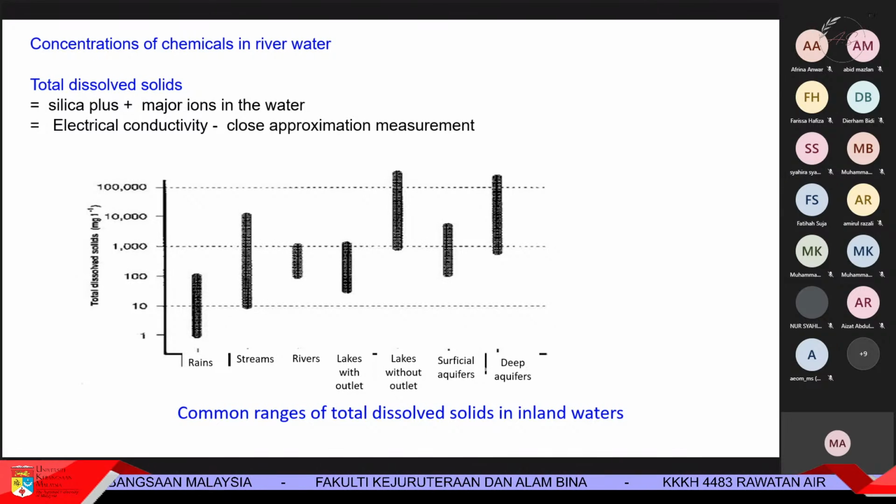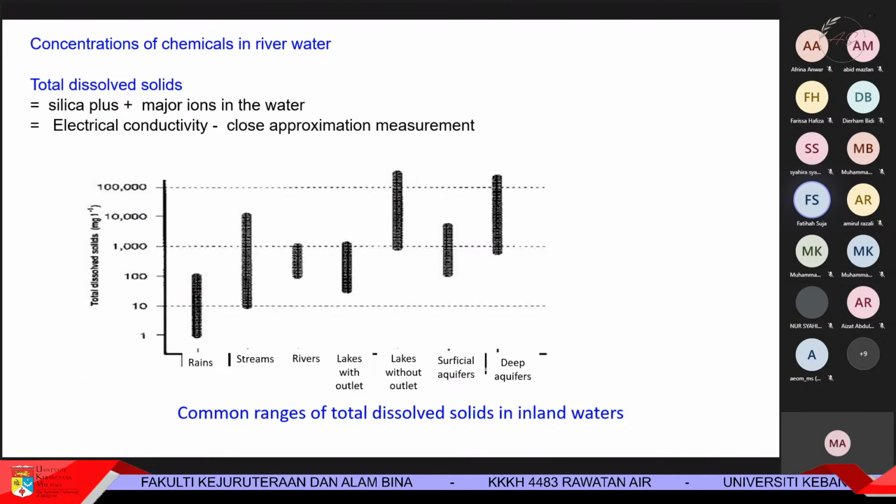So this figure here shows the common range of total dissolved solids in inland rivers. Usually the natural variations in the chemicals in rivers are expressed through the total dissolved solids. Total dissolved solids is usually the sum of silica plus major ions in the water.